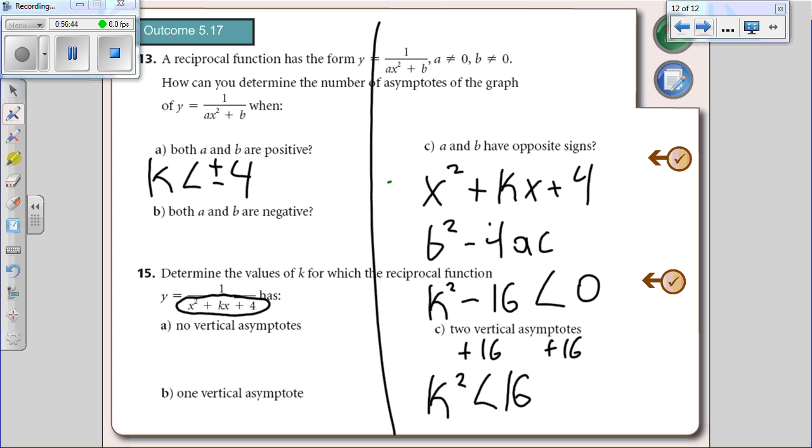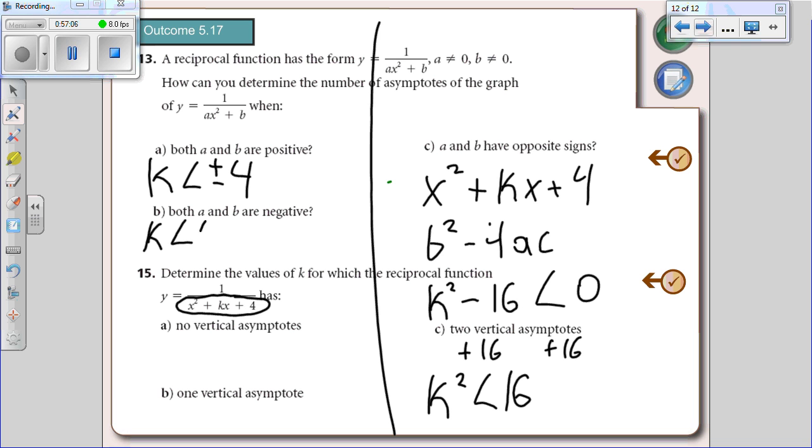So k is less than 4 for the positive, but k is greater than negative 4 for the negative side. So when k is in between negative 4 and 4, you could have 0 vertical asymptotes.